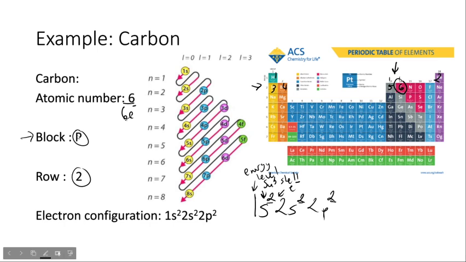If we look, row 2, so the last electron should be in the second energy level. Fantastic. This will not always be true. We'll talk about this in a second in some examples. And it's in the P block, so its last electrons should be in a P subshell, which they are. Great.